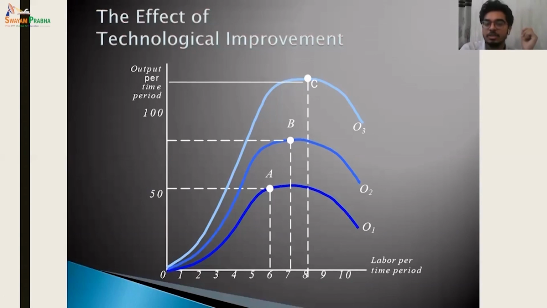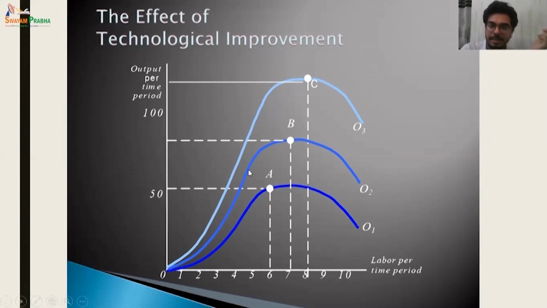And how does this show a pivotal shift, right? With the same amount of labor force, initially this is my distribution of total product. With the technological improvement, it improves with the same capacity of labor, the same ability of labor.